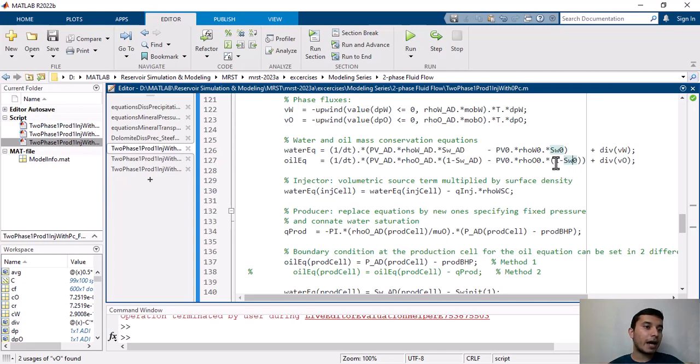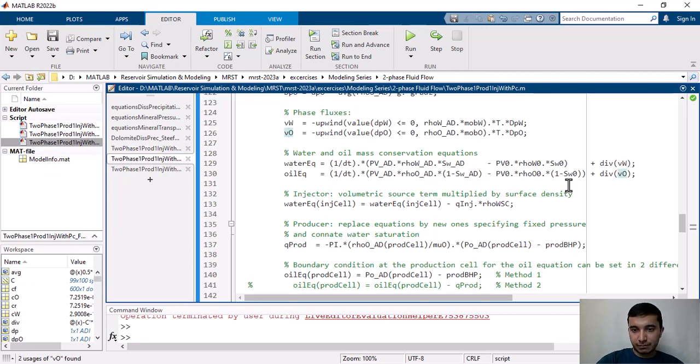But I've not written SO. What I have done here is to use the saturation constraint, and I have written 1 minus SW, which is the water saturation. All right, this is what I have done, and I have done the same in this case.